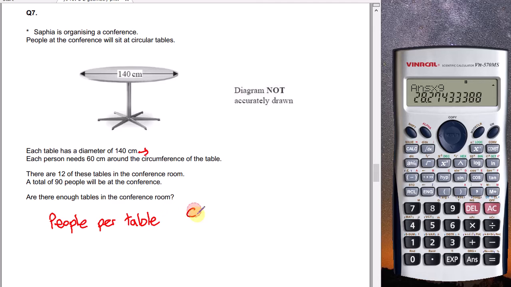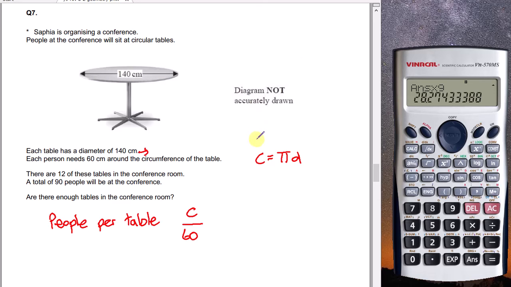We need the circumference, and each person needs 60 centimetres. So if we get the circumference, C equals pi d. I missed off the area question, so in a minute we'll do a quick question about that, and I'll ask you, how big is the area on the top of this table?